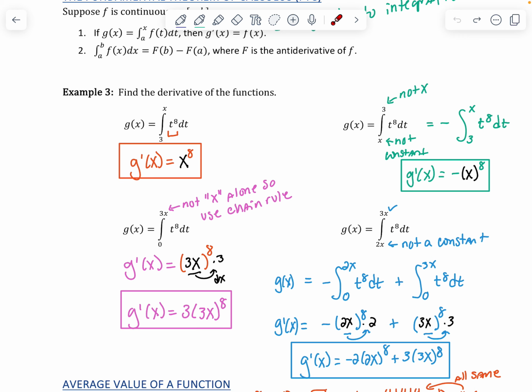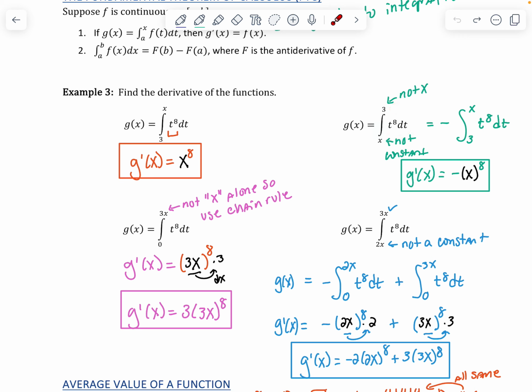Two twists on this kind of problem. Over here, I've got another g of x problem. I still have that t to the 8th. But remember, I'm supposed to have a constant down below, and I'm supposed to have a variable x as the input for my g function. But I don't have that. They're just flip-flopped from where I would like them to be.